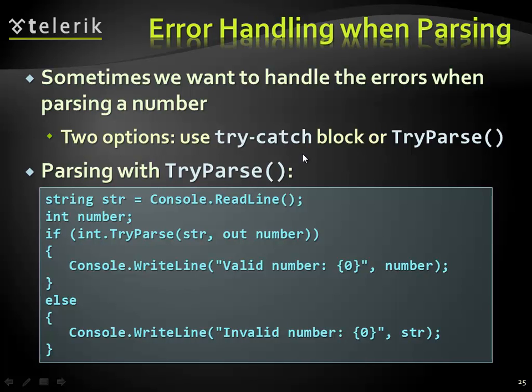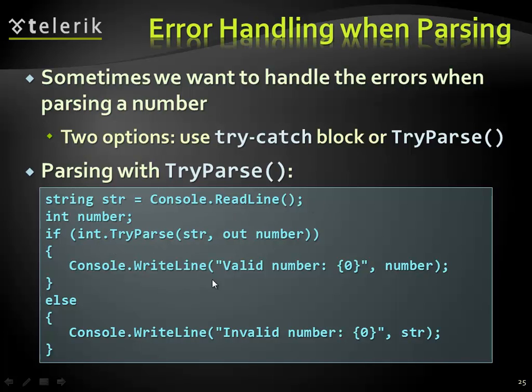So, yeah, our next thing is try parse. That means not to force it. There is also a method called try parse, which is just like parse, but it's more forgiving. And instead of crashing, it will return a Boolean indicating the success of the parsing.